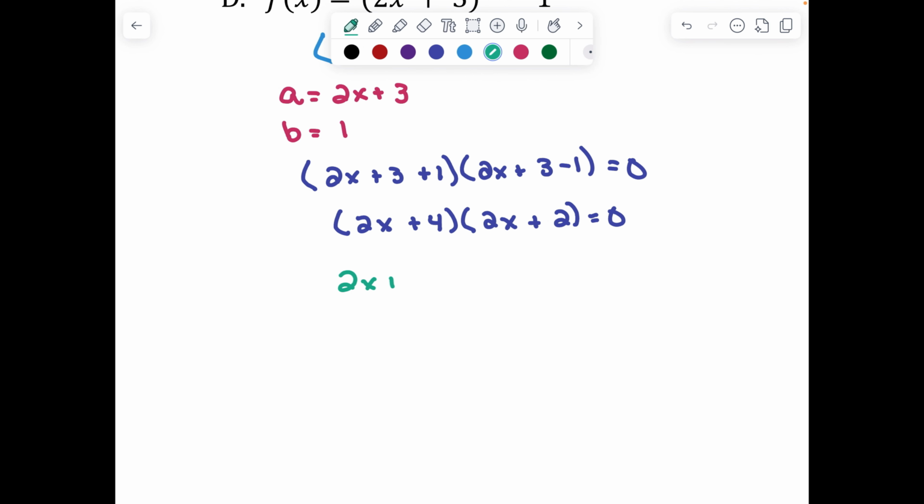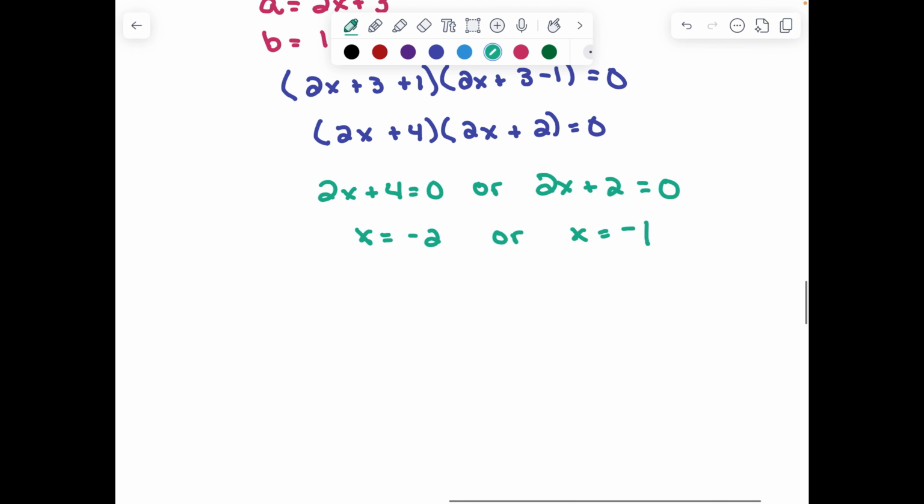So I have 2x plus 4 equals 0, or 2x plus 2 equals 0. So here x equals -2, or x equals -1. So our final answer here is the zeros are -2 and -1.